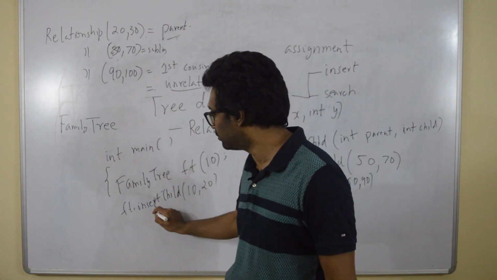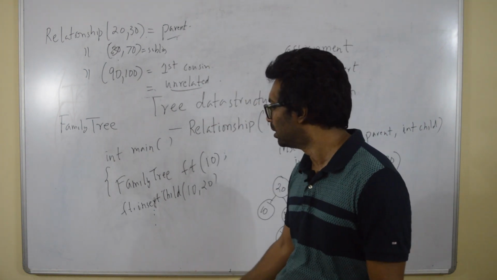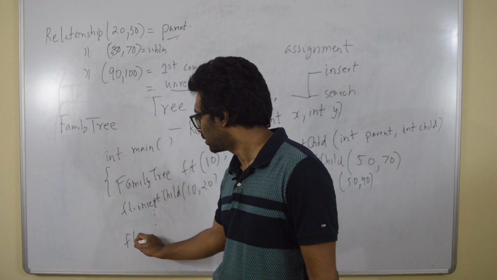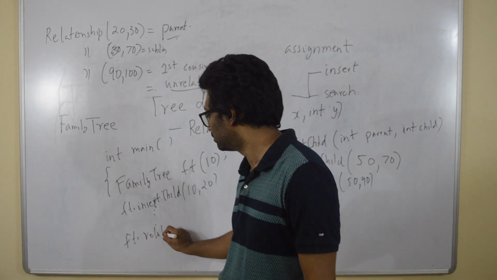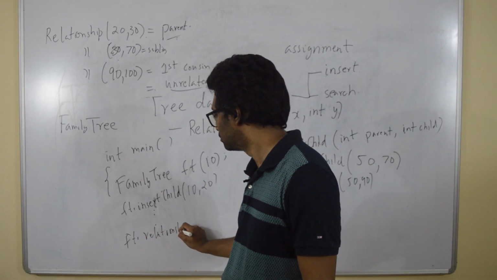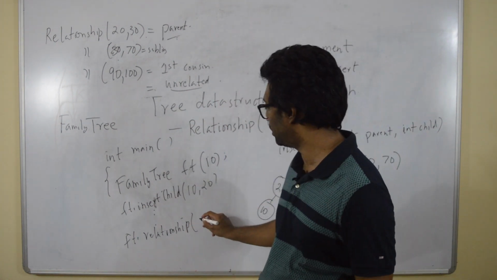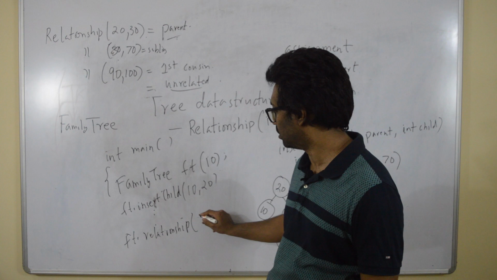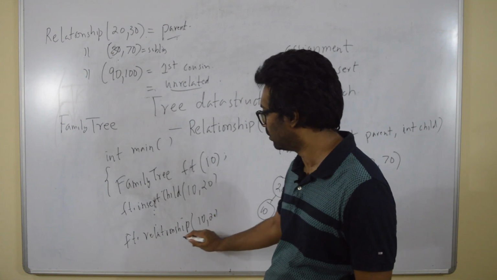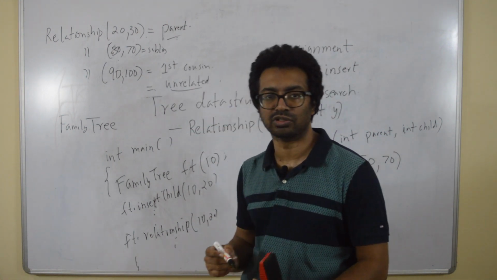Then I will have a series of insert child calls, and then a series of ft dot relationship calls, like 10, 20, and I will see whether those are printed correctly.